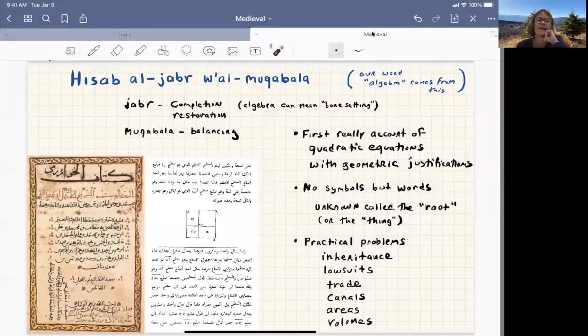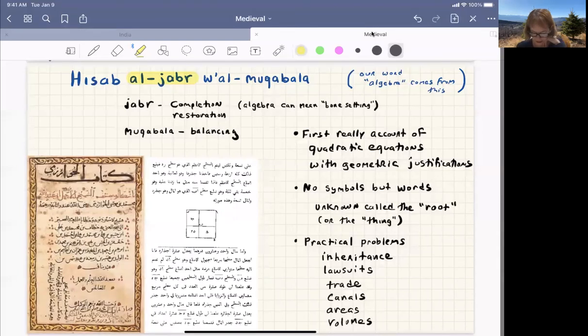Okay, so here is his most famous work. Hisab al-Jabra wal Muqabala. And notice al-Jabra. Our word algebra comes from the title of this book.